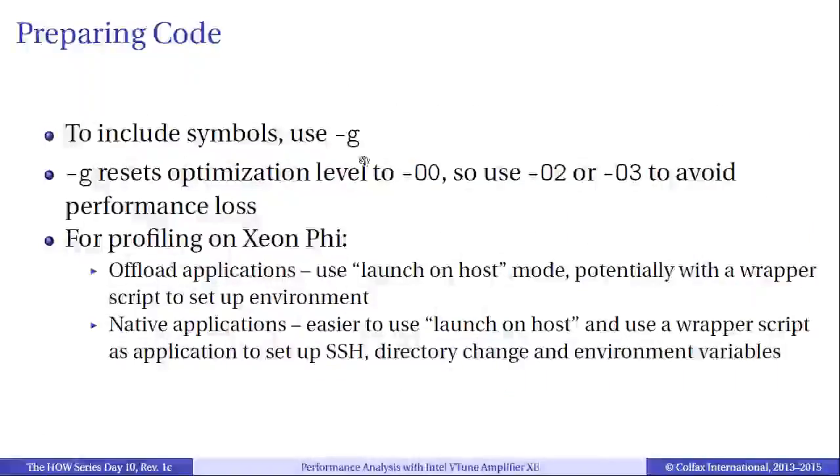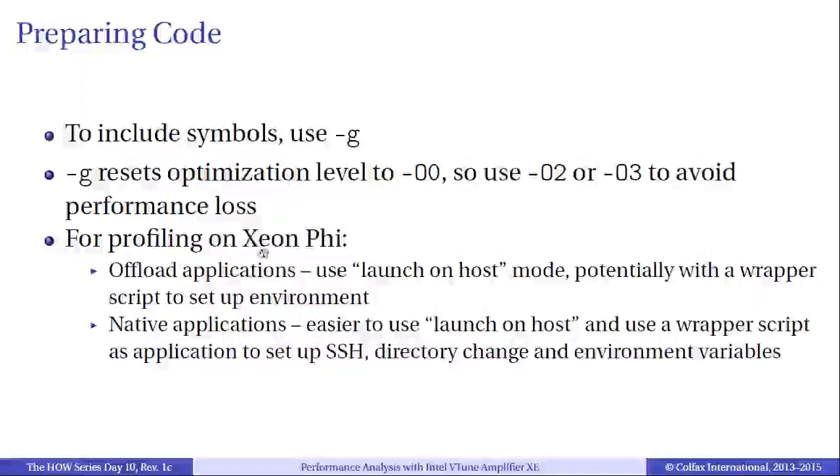It is useful when you compile the code for VTune to use the argument -g. It embeds symbols in the code so that VTune can show you the hotspots and the resource hogs of your application. Importantly, -g resets your optimization level to 0, so usually you would use -g in combination with O2 or O3.